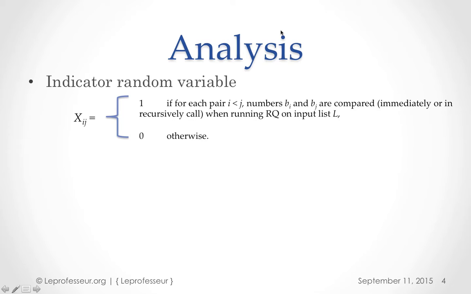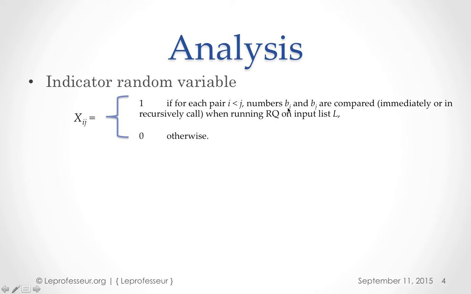Okay, simple. We define an indicator random variable for that. So let's define an indicator random variable xij, where i and j are some pair of numbers to be compared, such that i is less than j.